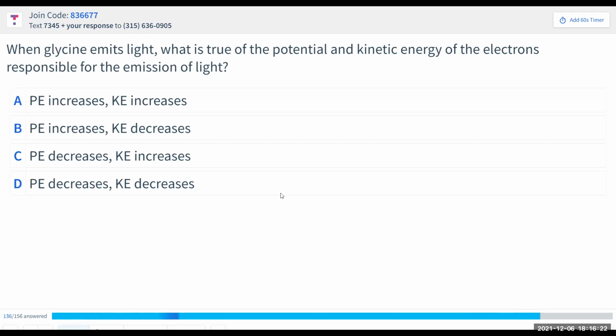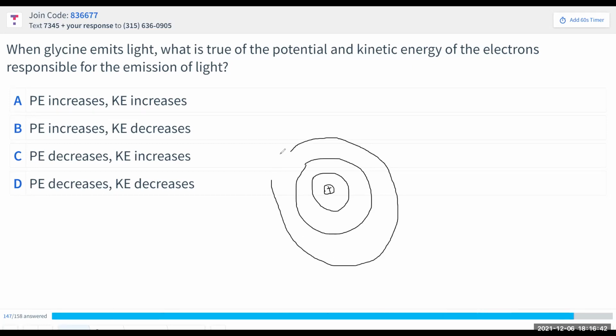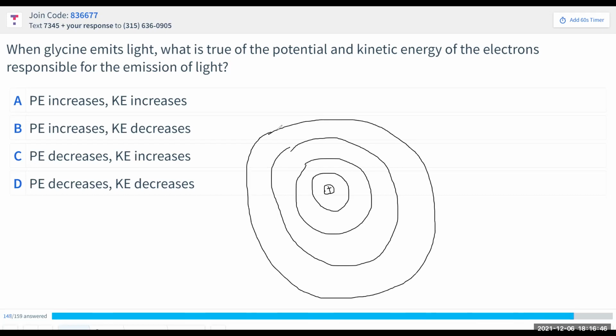All right, the idea is, let's use the Bohr model of the hydrogen atom one more time. We have the nucleus in the center. Here's my nucleus. And then around the nucleus, we have what we call orbits: n equals 1 orbit, n equals 2 orbit, n equals 3 orbit, n equals 4 orbit, and so forth.